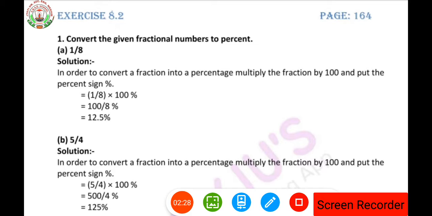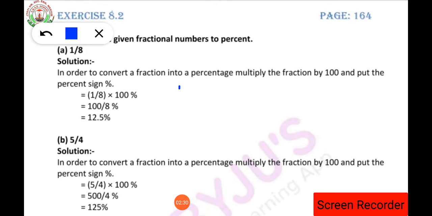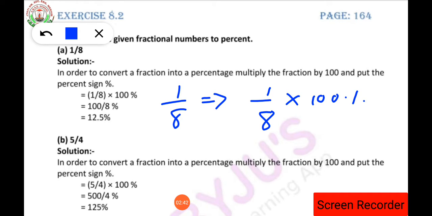Clear up to here? Now here we are having the number 1 by 8, isn't it? This number we have to convert into the form of a percent. In order to convert it into a percent, what we have to do? We have to multiply it by 100%. Clear? Always you have to multiply it by 100%.